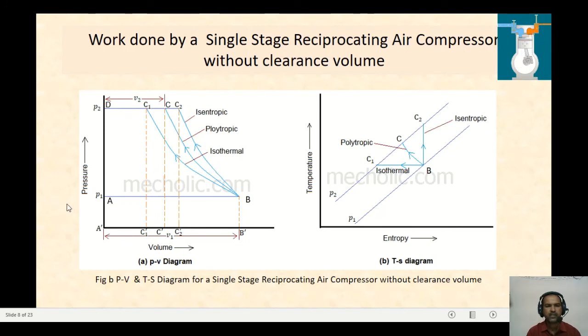Again the fresh air is going to enter at a constant pressure and the volume is going to increase. The suction cycle happens in AB, and from C to D is the delivery stroke. Between these, the work is done through an isothermal, polytropic or isentropic process.